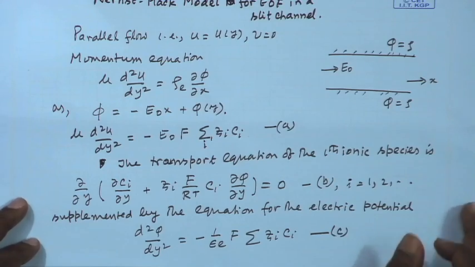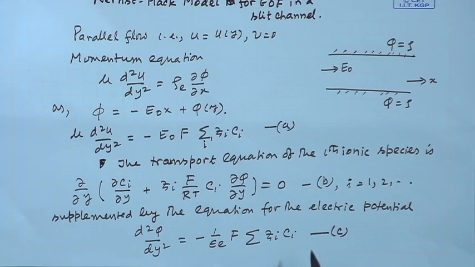Now, how we impose the boundary condition. So basically, we need to solve this set of equations if we don't go by the assumption that the Cis are governed by the Boltzmann equation and the number of ionic species are symmetric and binary.